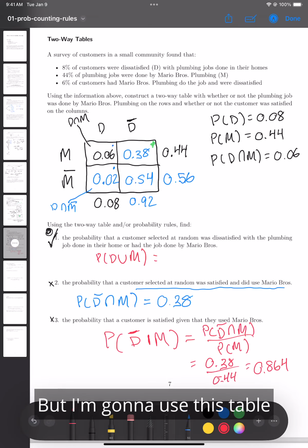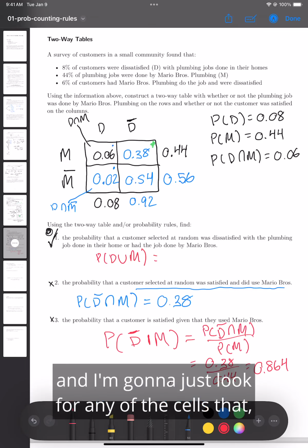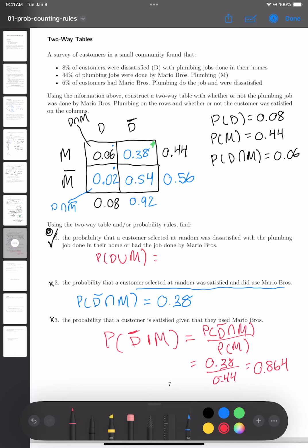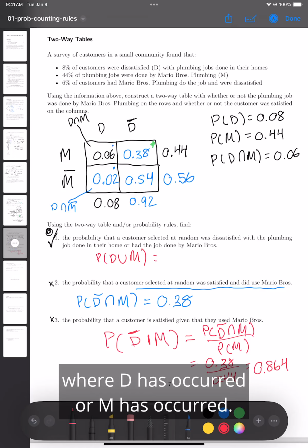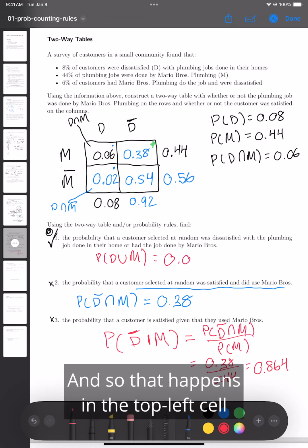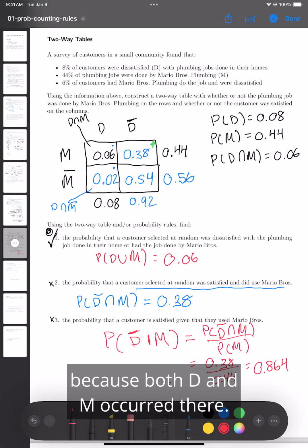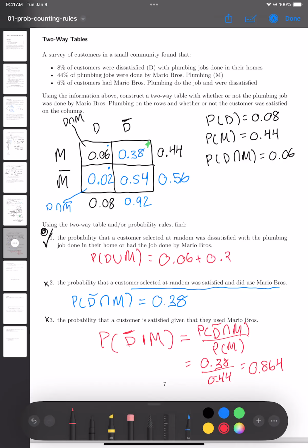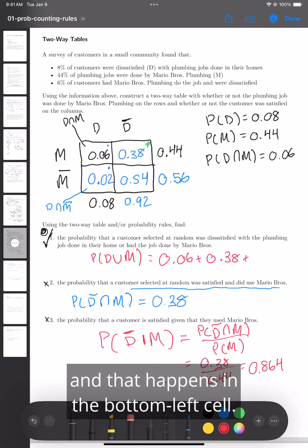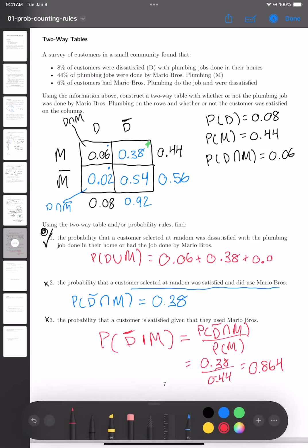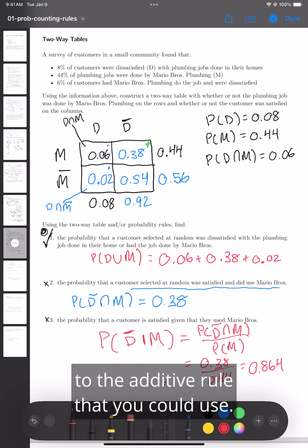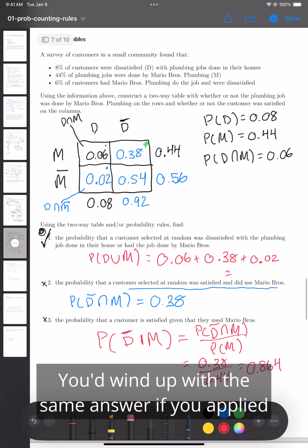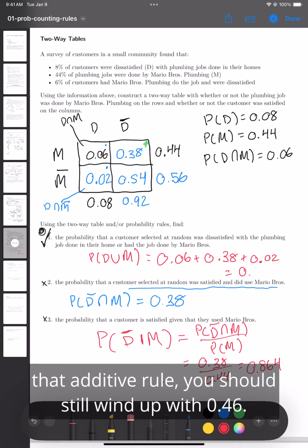But I'm going to use this table, and I'm going to look for any of the cells where D has occurred or M has occurred, and so that happens in the top left cell, because both D and M occurred there. That happens in the top right cell. And that happens in the bottom left cell. And so this is just an alternative to the additive rule that you could use. You'd wind up with the same answer if you applied that additive rule. You should still wind up with 0.46.